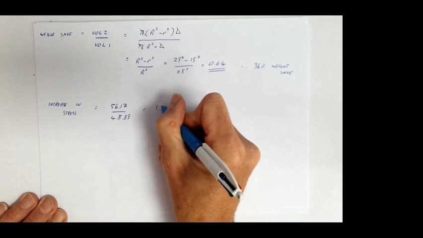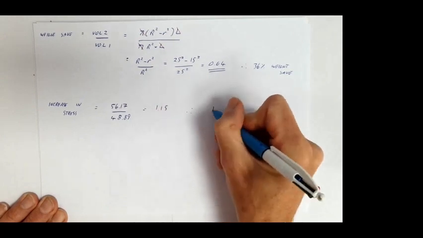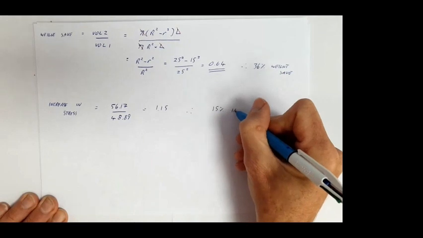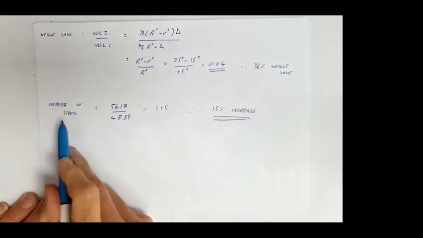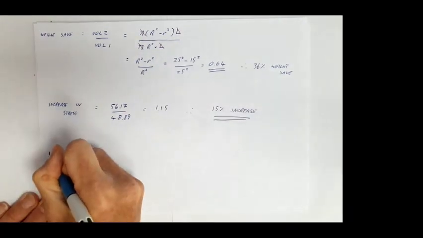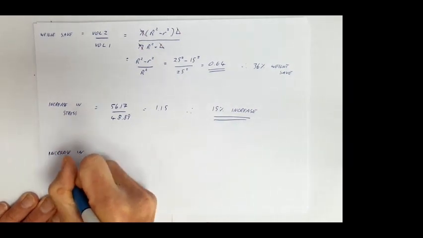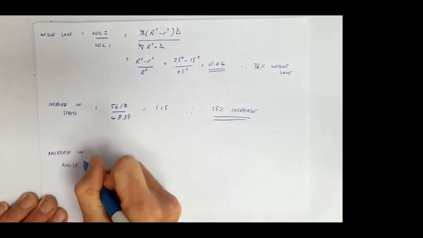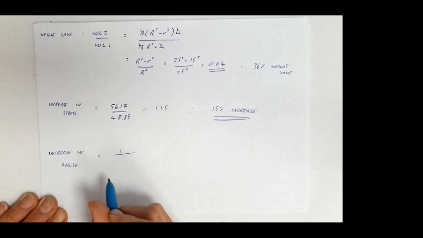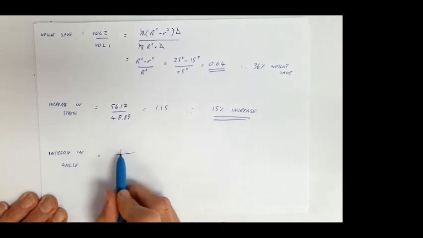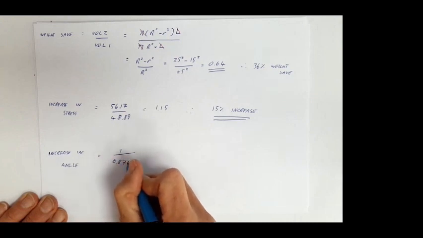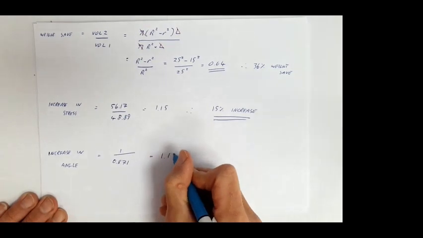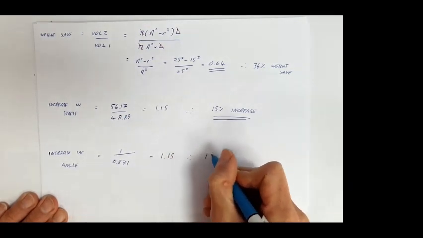So that is 1.15, therefore a 15% increase in terms of stress. We're also asked to comment on the angle. The new shaft is twisting by 1 degree. The old shaft was 0.871 degrees, which is also 1.15. So there's obviously a 15% increase.